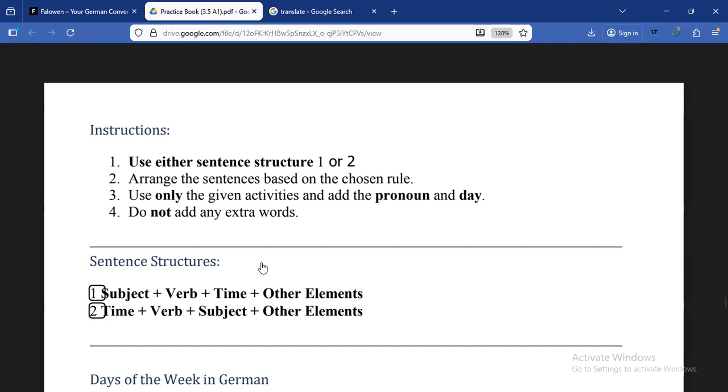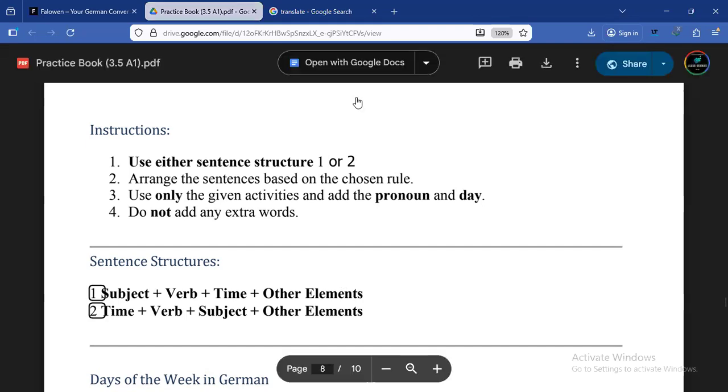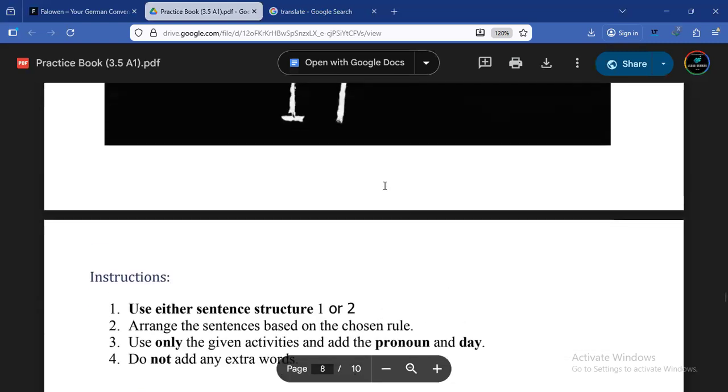So before we complete this chapter, please try and understand how to form basic phrases in German. I'm not saying try and get everything correct, but get the logic, right? That if you see phrases you can easily put words together.